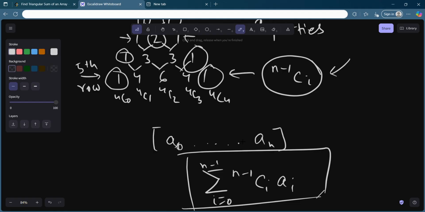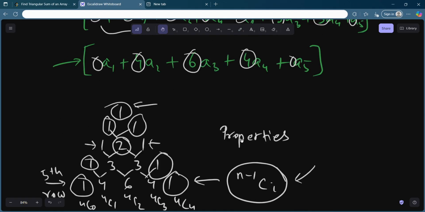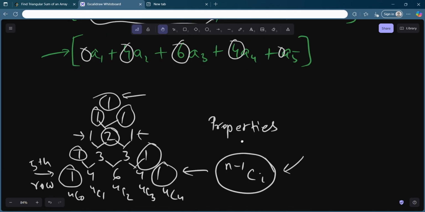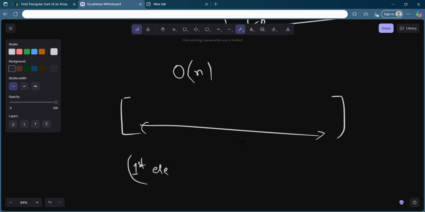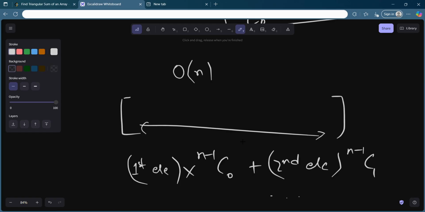More or less a similar kind of formula will be there. I hope you understand that this can be solved in O of n time. Whatever array is there, I can simply traverse through the array, take the first element, and multiply it by n minus 1 C0. I will take the second element of my array and multiply it by n minus 1 C1 and so on.